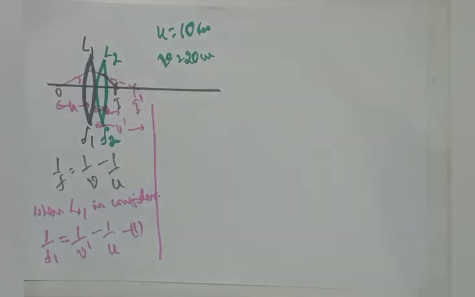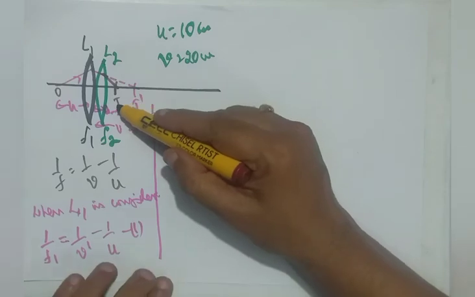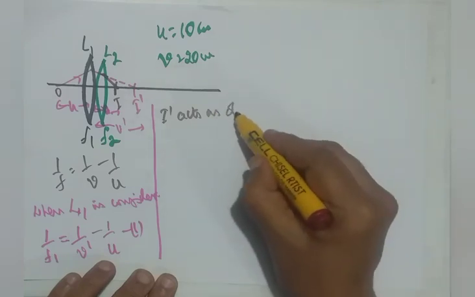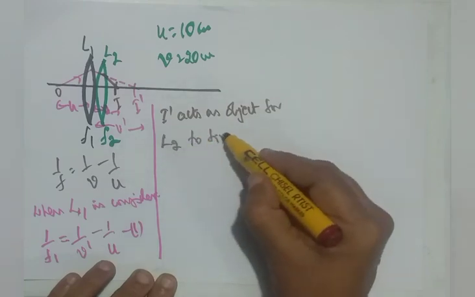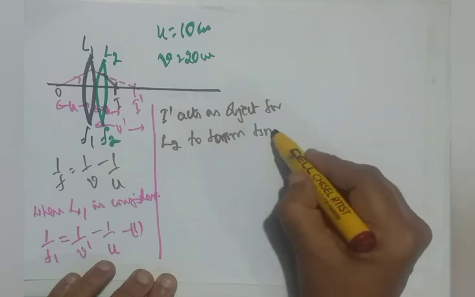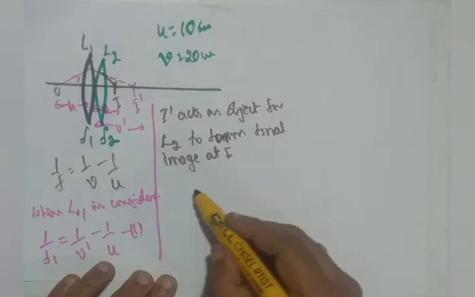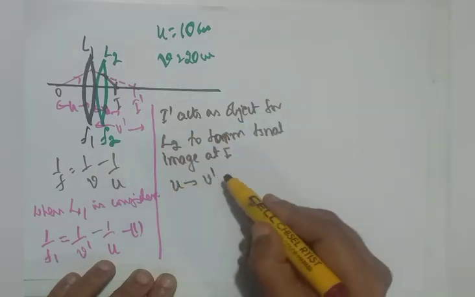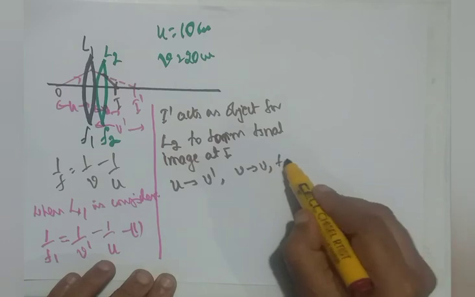Now, as we did in the derivation of lens maker's formula, here also this I dash acts as an object for the second lens to produce the final image I at V. So I dash acts as object for L2, the second lens, to form the final image at I. So as I dash acts as object, U can be replaced by V dash, and V is V, F is F2 now.